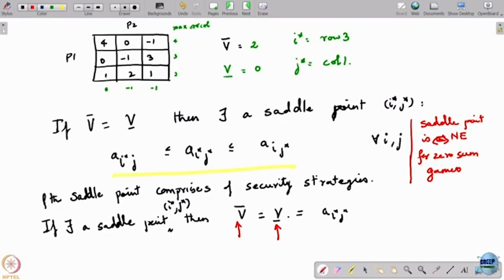They are not properties of the specific saddle point, because the saddle point is just a pair that satisfies this, whereas whenever a saddle point exists, its value ends up being equal to V upper bar and V lower bar, and these are functions of the matrix. Which means all saddle points must have the same value.